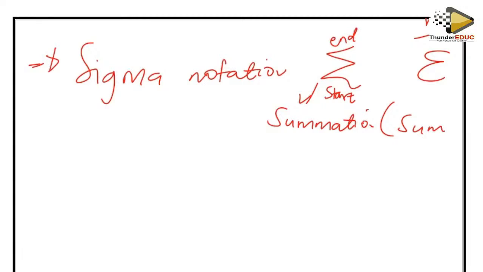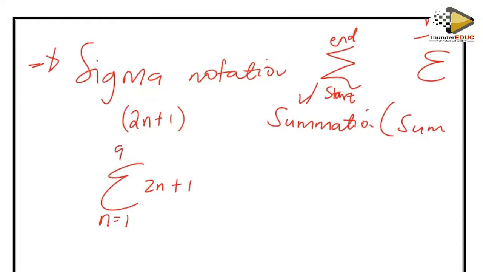In other words, if we are given a certain progression, or let's say we have a general rule of maybe 2n plus 1, we say sigma 2n plus 1. And then they tell you starting with n equal to 1 up to, let's say, 99. So they're telling us that we should start at a point where n is 1 and stop at a point where n is 99.